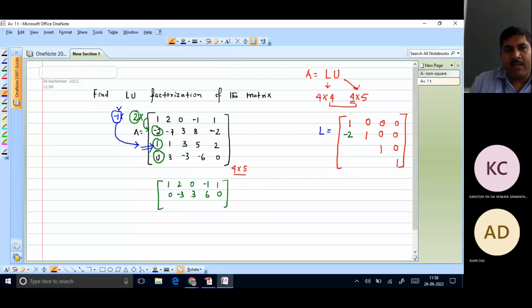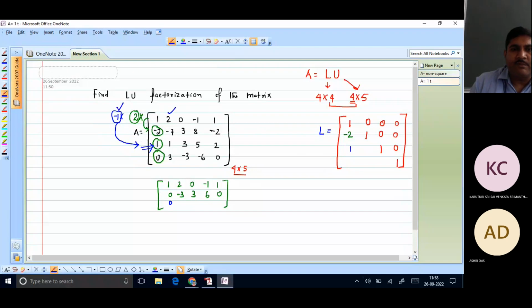So what is the multiplier? Multiplier is -1, so I will put its negative, that is I will put 1 in the required position.